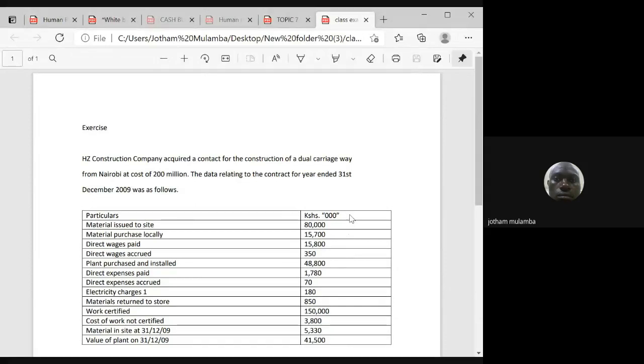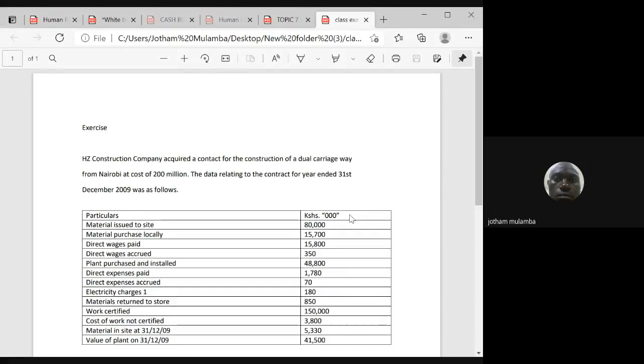So I believe you are able to see the question. This is how it reads. HZ Construction Company acquired a contract for the construction of a dual carriageway from Nairobi at a cost of 200 million. The data relating to the contract for the year ended 31st December 2009 was as follows.